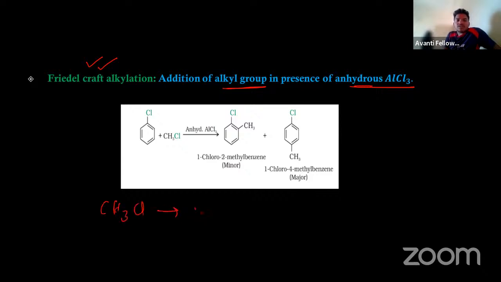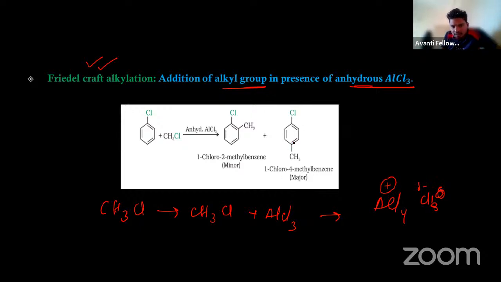CH3Cl is going to break as CH3 and Cl, with AlCl3 it becomes AlCl4 minus plus CH3 plus. Not exactly CH3 plus, it will get a partial positive charge.